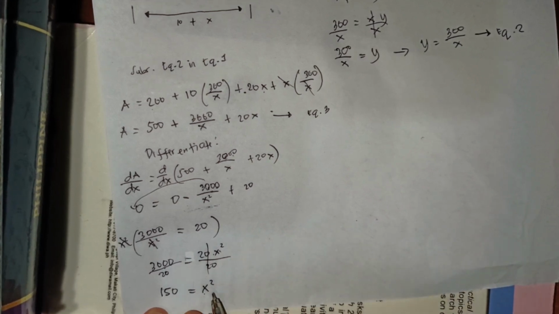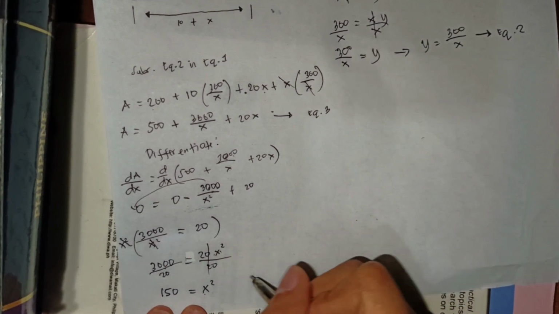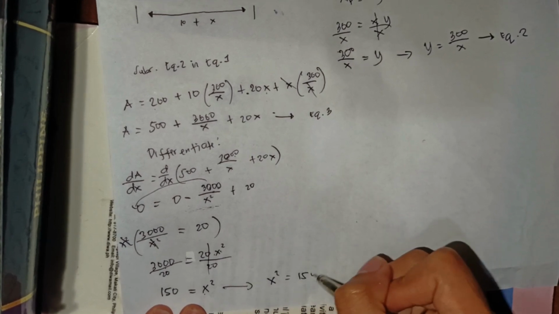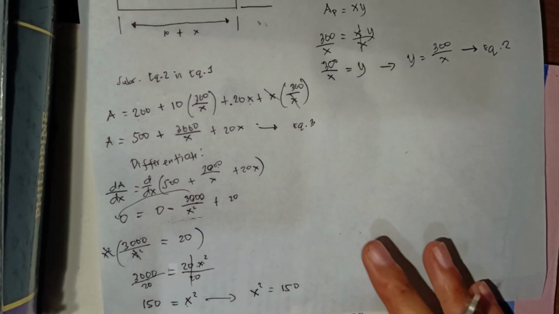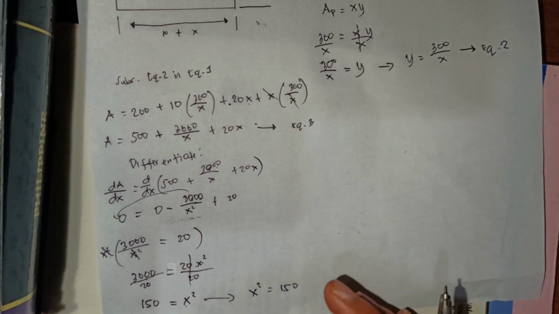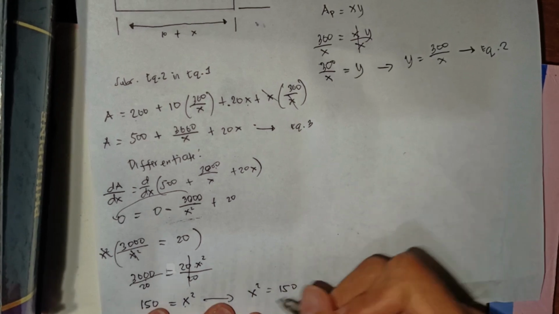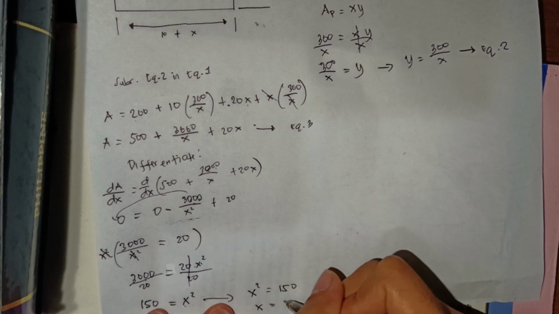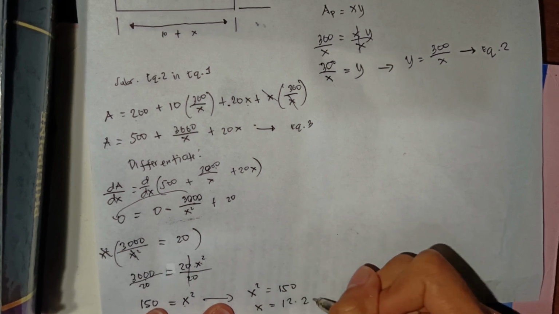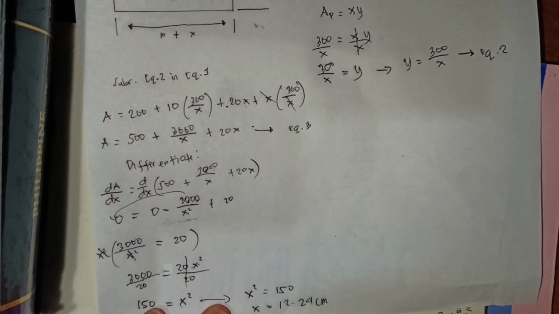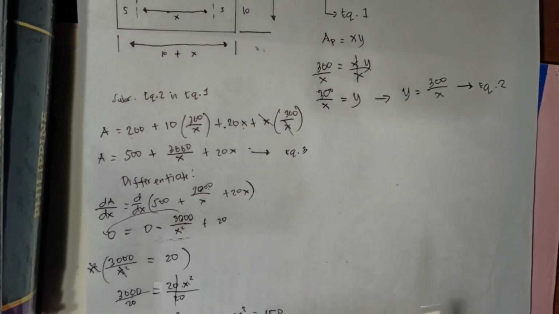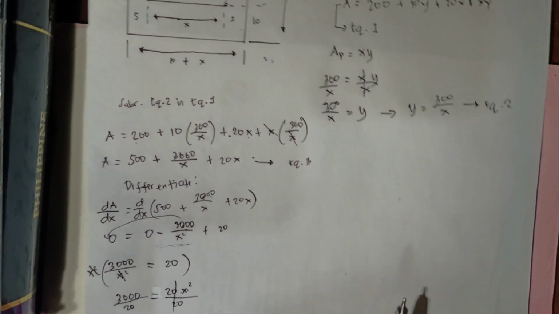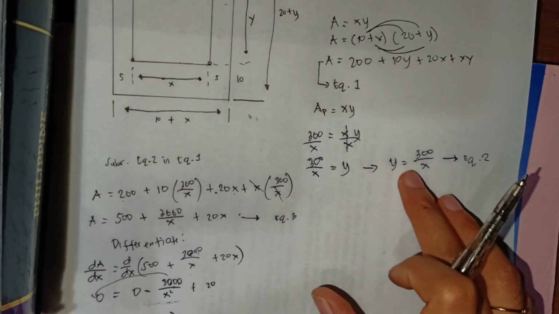Taking the square root of 150, x is equal to 12.24 centimeters.